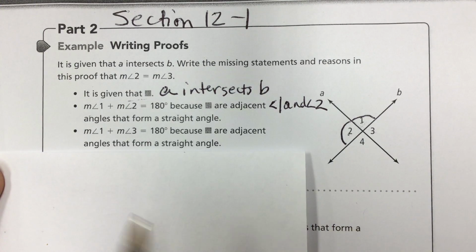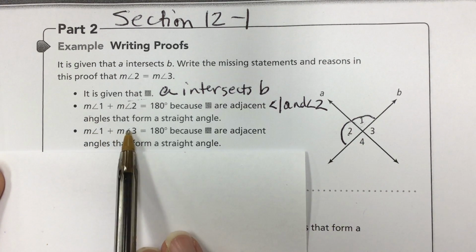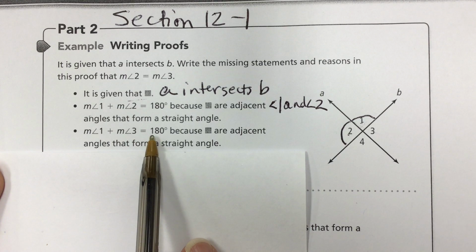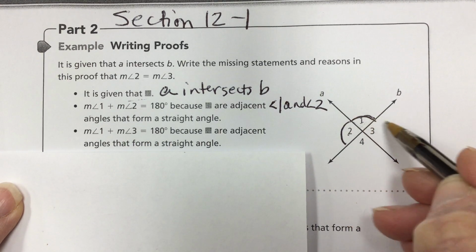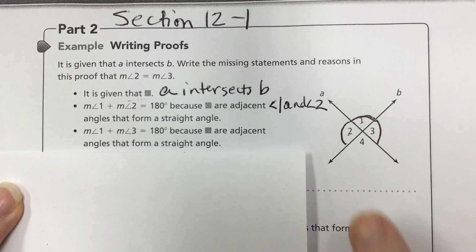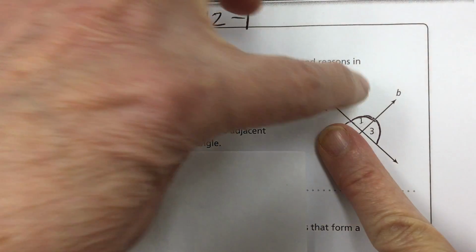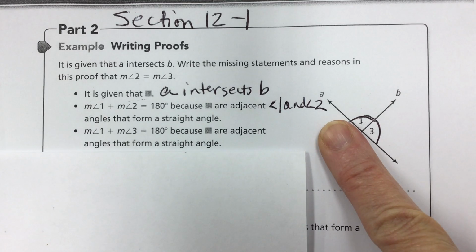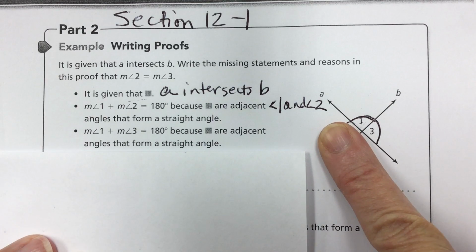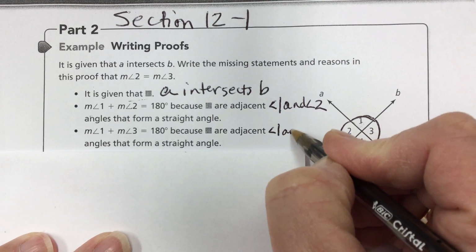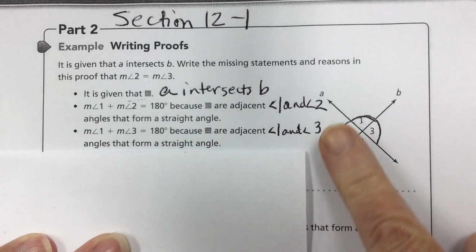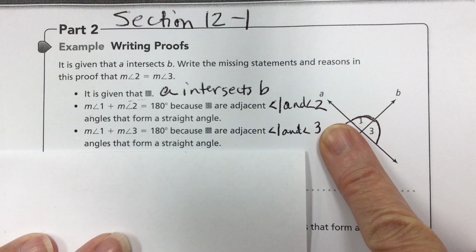Next, the measure of angle 1 plus the measure of angle 3 is equal to 180. So I'm going to cover up, you're looking at 1 and 3. The measure of angle 1 and the measure of angle 3 equal 180 because angle 1 and angle 3 are adjacent angles that form a straight line.